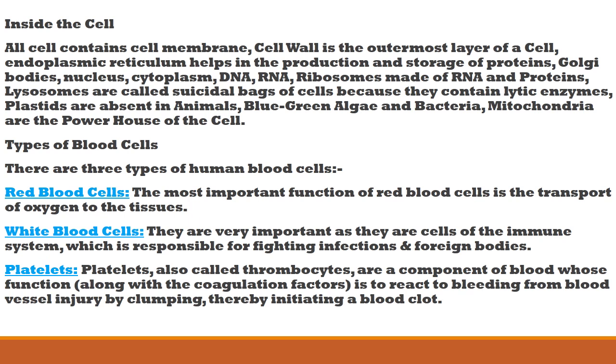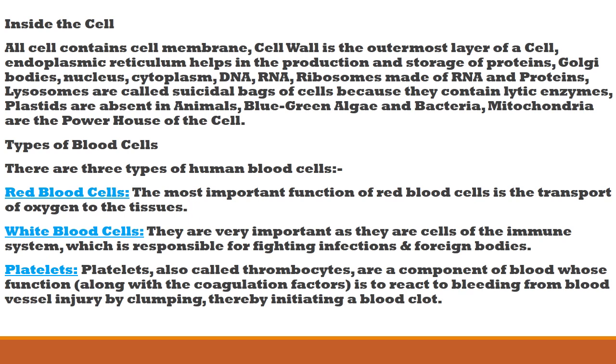Types of blood cells. There are three types of human blood cells: RBC, WBC and platelets. The most important function of red blood cells is the transport of oxygen to the tissues. WBCs are very important as they are cells of the immune system, which is responsible for fighting infections and foreign bodies.